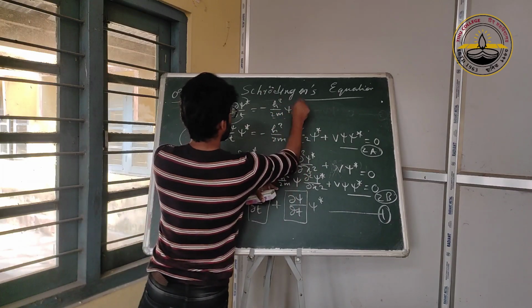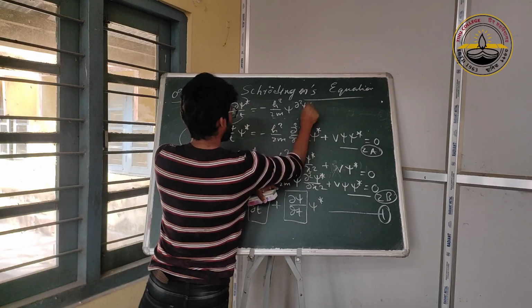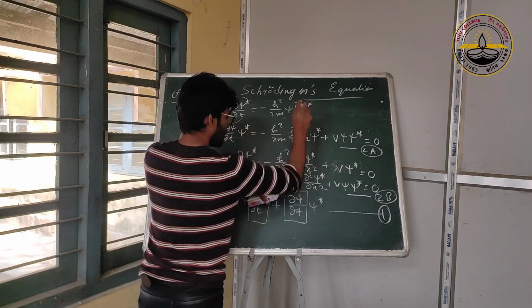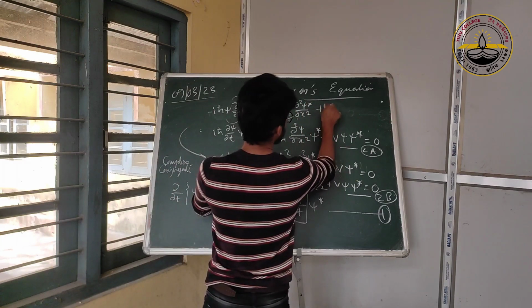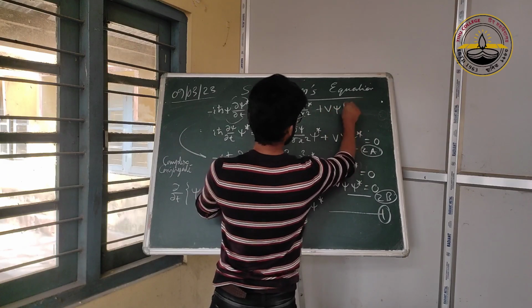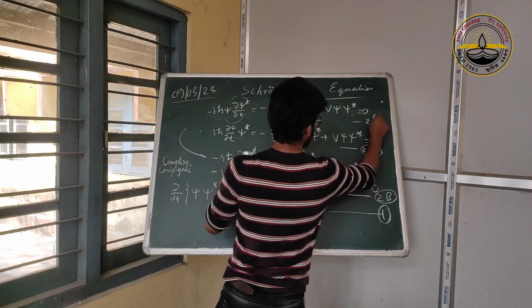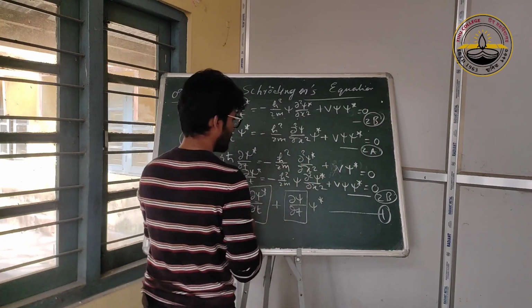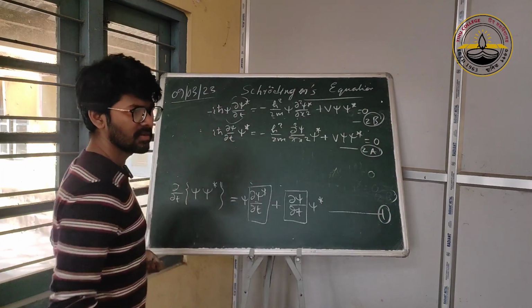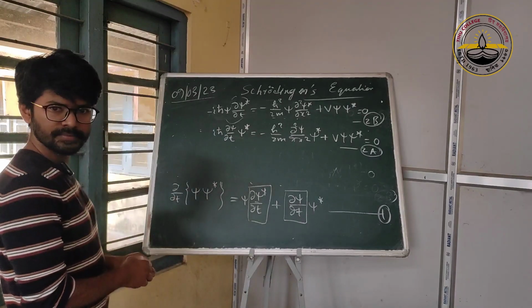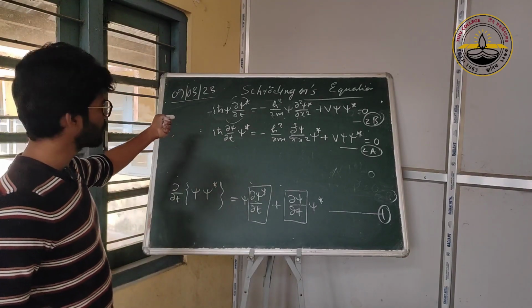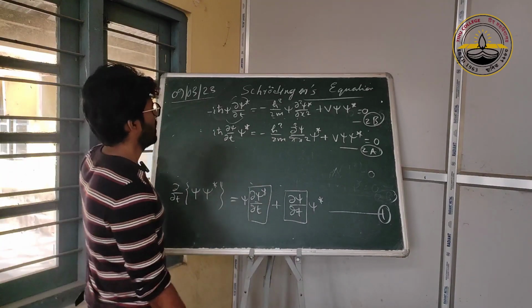Chi del square chi star del x square plus V chi star equal to 0, 2b. Let me erase these things. Okay, these are the two equations we got using Schrodinger's equation easily, right?